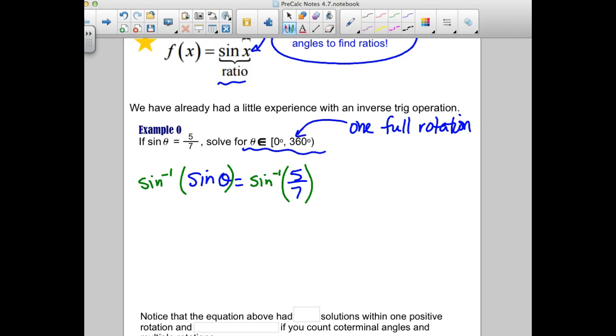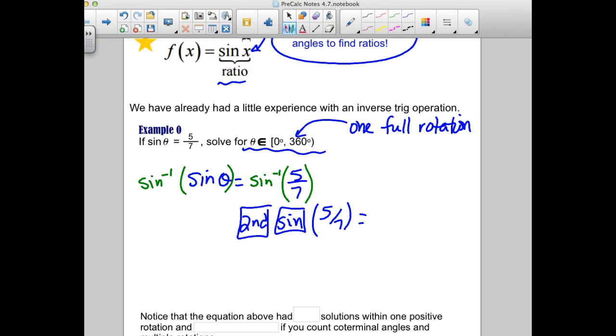All right, so with your calculator, I want you to type in inverse sine of 5/7. Now, to get inverse sine, you're going to have to use your second key and then the sine key. Okay? It should have a little sine with a little -1 exponent right above that key. So second sine of 5/7.